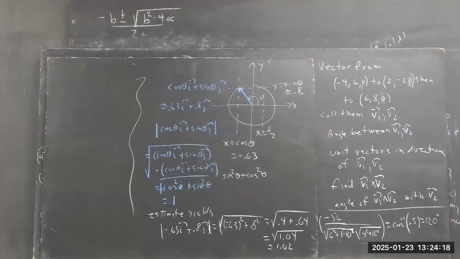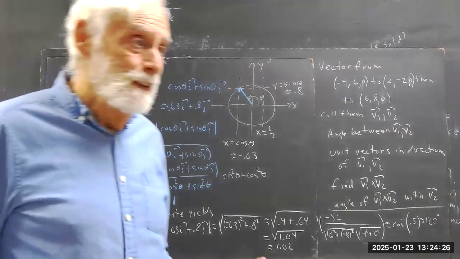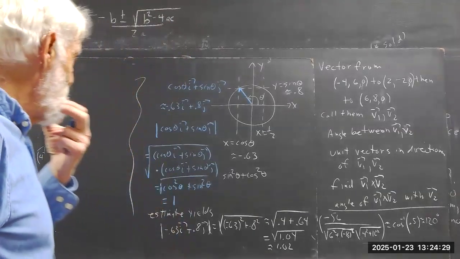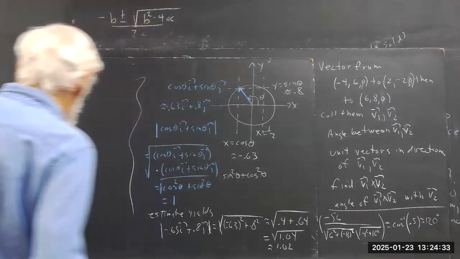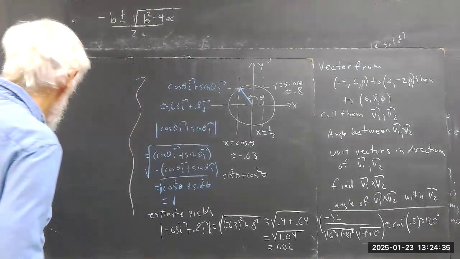Okay. Now we're taking way too much time with this. We've only got a half hour left. And I need to cover the whole topic of parametric equations. Still, this is going to help.